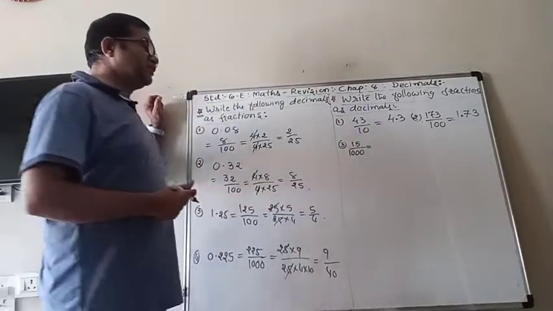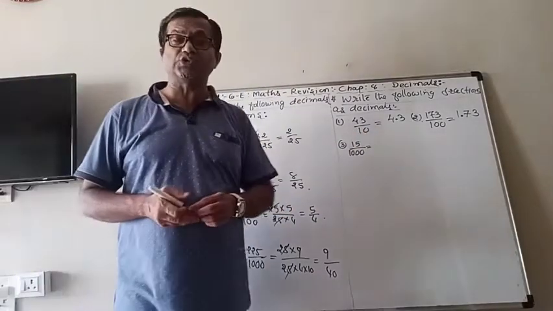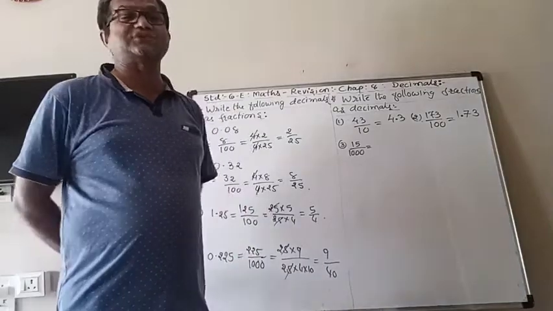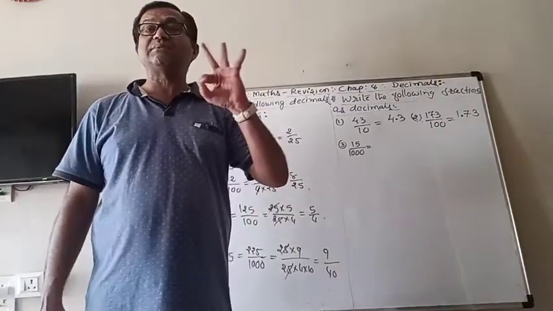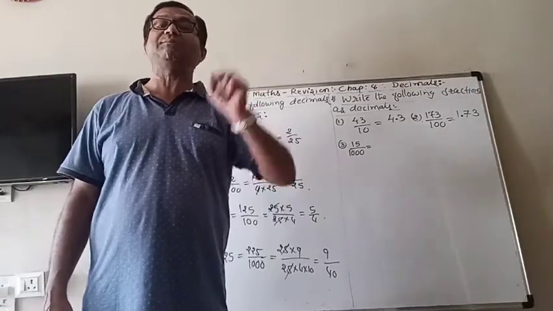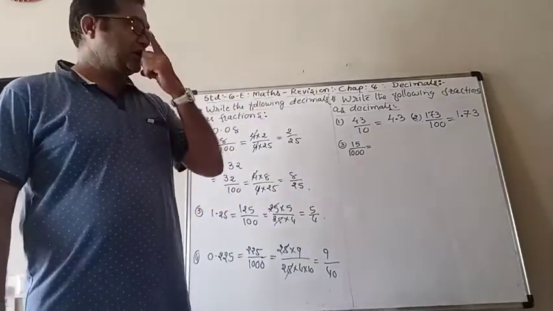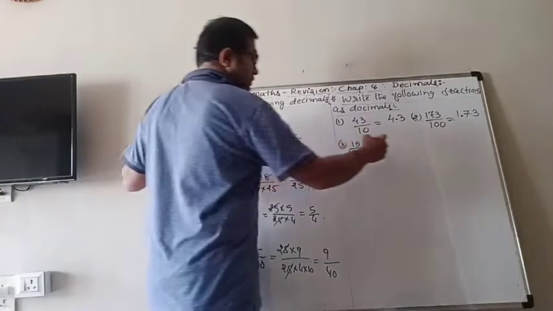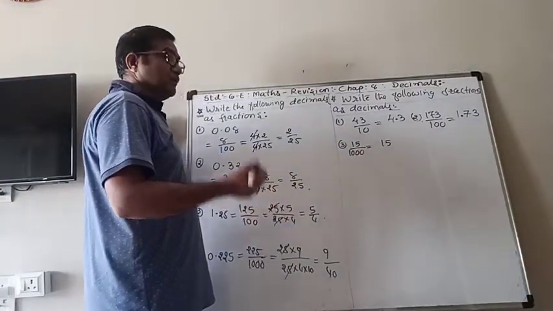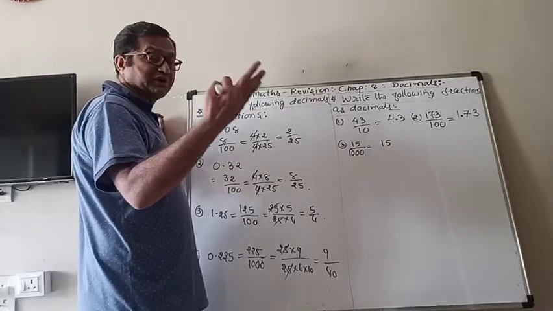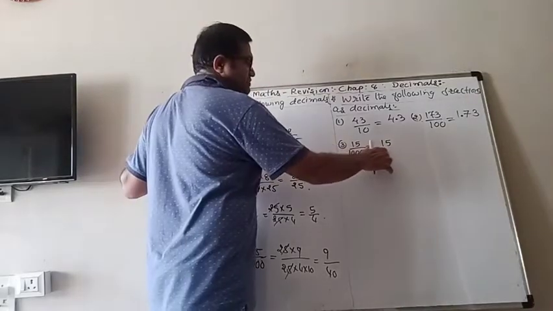Now here you can see that there are three zeros in the denominator 1000, and therefore in the decimal there must be three decimal places, and therefore you can see that here it is 15. We need three decimal places, but we only have two places here.